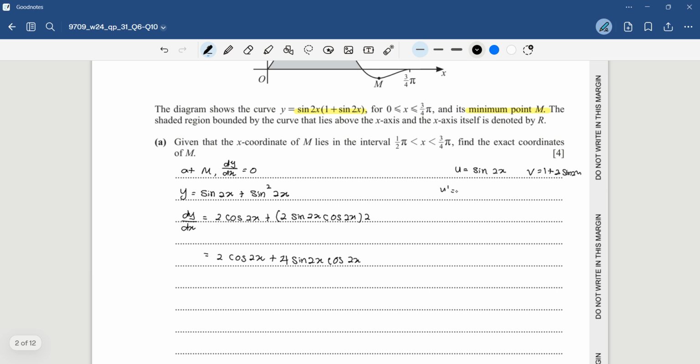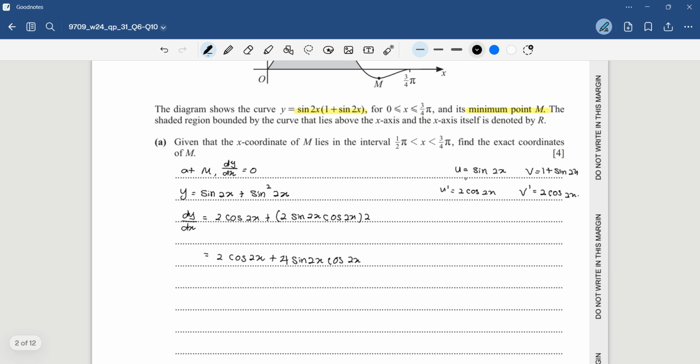So u prime is 2 cos 2x and v prime is 2 cos 2x.